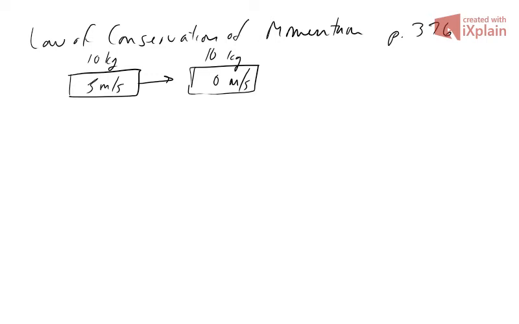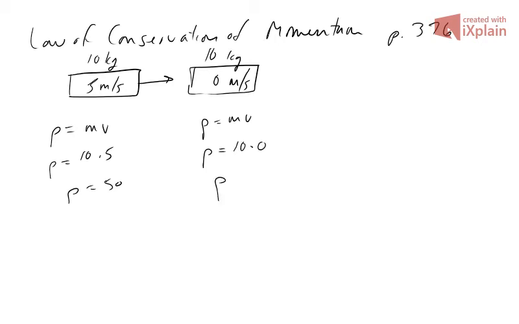So if you look at the momentum over on this side, momentum equals mass times velocity. Well, momentum equals 10 times 5. So momentum equals 50 for that. Well, this one, the mass is 10, but the velocity is 0.